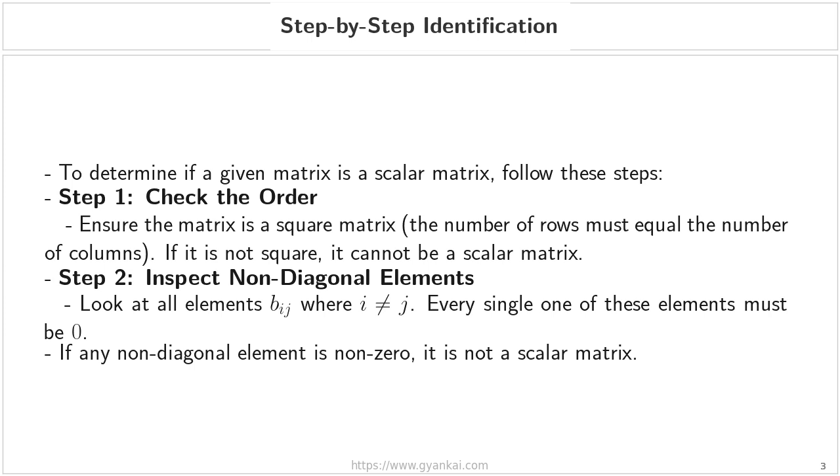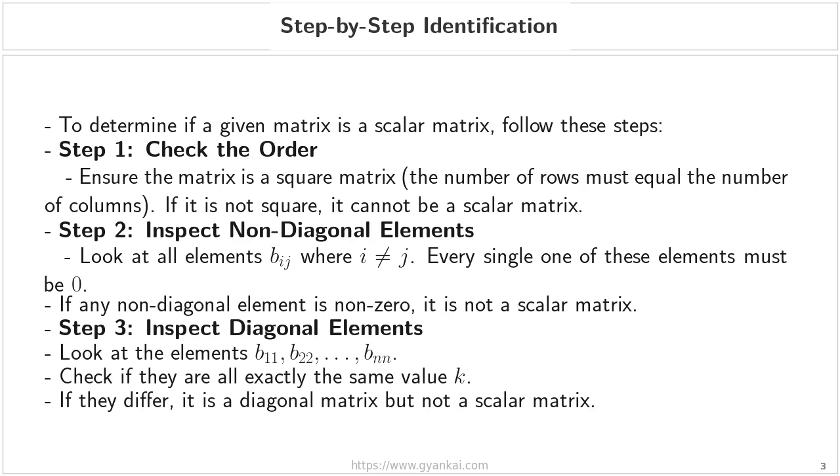Inspect the non-diagonal elements. You should examine all elements where the row index is not equal to the column index. Every single one of these elements must be 0. If you find any element outside the main diagonal that is not 0, then it is not a scalar matrix. Finally, in step 3, we inspect the diagonal elements. Look specifically at the elements along the main diagonal, starting from the top left corner down to the bottom right.